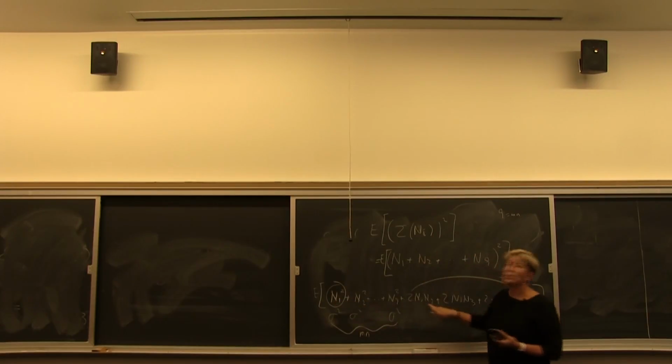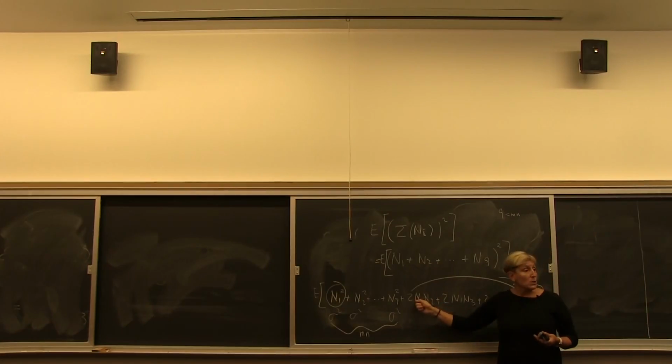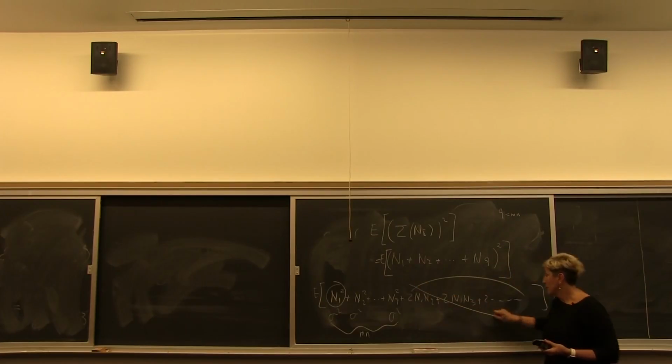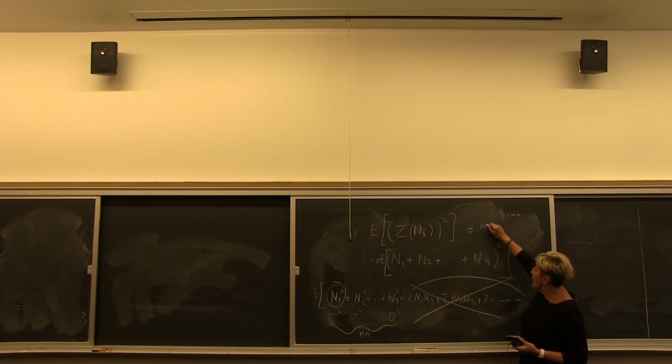But for these ones, I'm assuming that there is no talk between the noise in one pixel and the noise in another pixel. So each of them has expectation 0. The product has expectation 0, so this thing nicely goes away. And so this becomes Mn sigma squared.